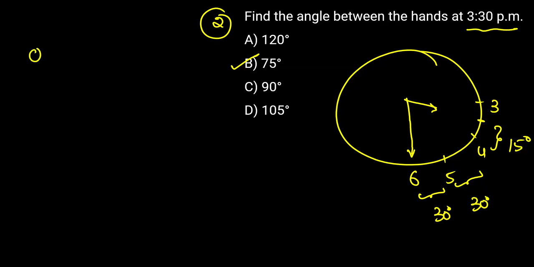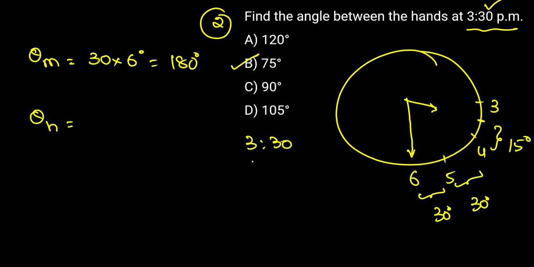Fine. What is the minute hand angle? Each minute, how many minutes here? 30 minutes. 30 into 6, which is 180 degrees. What is the hour hand angle? In 3:30, hours is this, minutes is this. How many hours? 3 hours.